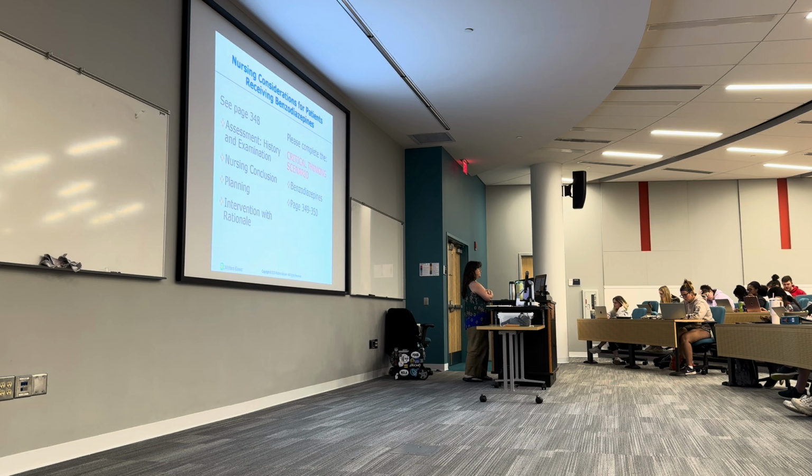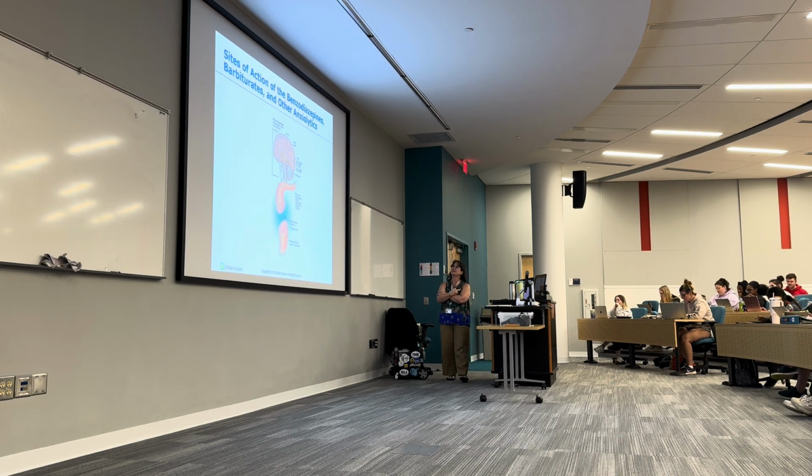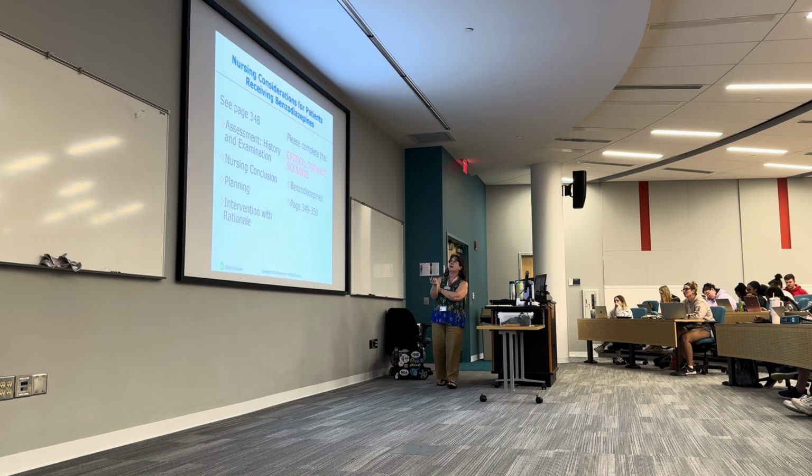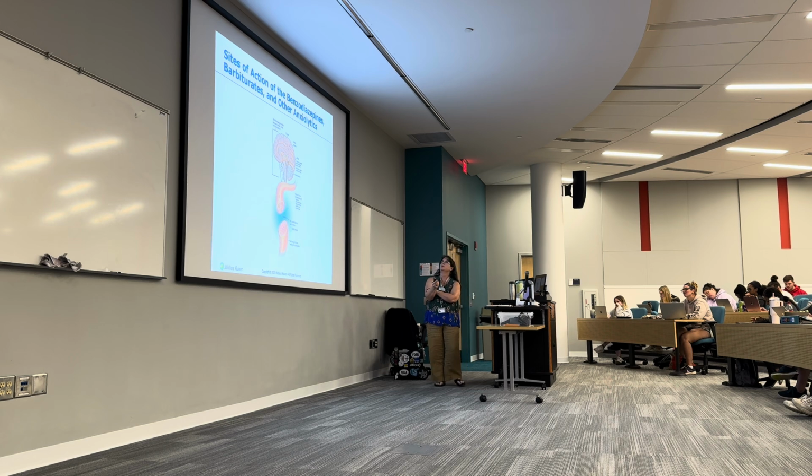Oh, I'm sorry. Site of action. I was like, why is this picture here? Site of action is the GABA, like I said, which we already kind of went over. I apologize. So benzodiazepines, barbiturates, which we're going to get to in a little bit, and other anxiolytics.